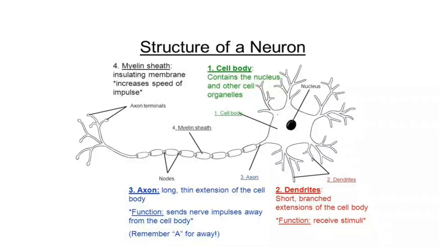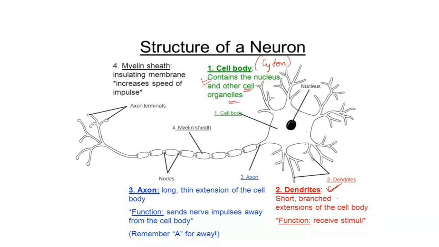You can see that the neuron has a cell body. This part is called the cell body, or it is also called the cyton. It contains the nucleus and many other cell organelles, just like any other eukaryotic cell. It is surrounded by branched structures called the dendrites.